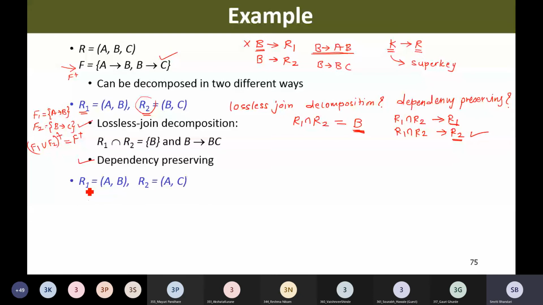Now, we look at whether this decomposition is lossless join decomposition and whether it preserves dependencies. Once again, we apply the same conditions we have discussed.